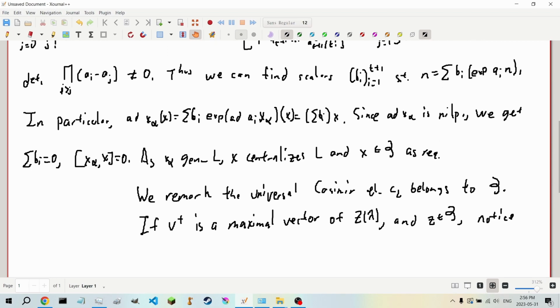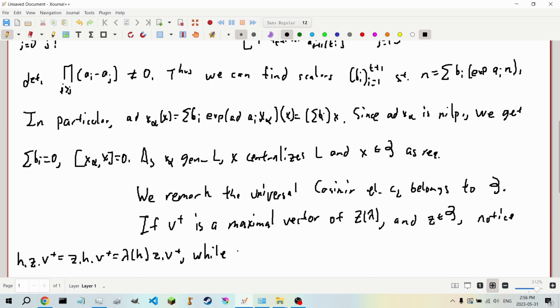Notice that h of z of v plus is z of h of v plus, is lambda of h times z of v plus, while x alpha on z on v plus is z on x alpha on v plus, which is 0, for x alpha in the appropriate weight space, with alpha being positive.